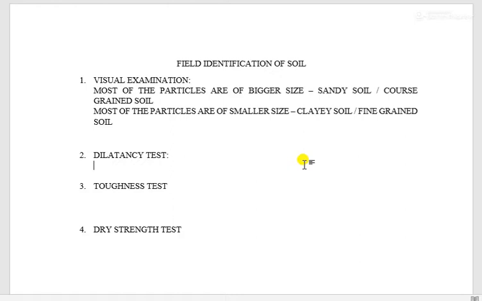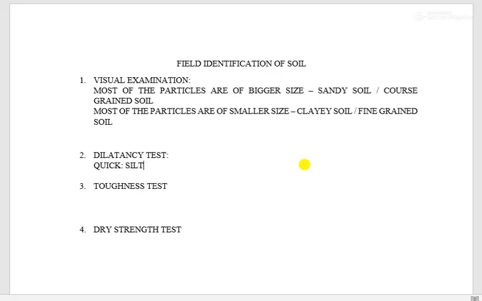Now, depending on this operation we can classify the soil into three types. If the disappearance of water into the soil is very quick, then the soil may be classified as silt.